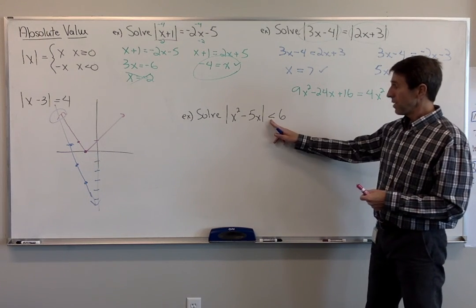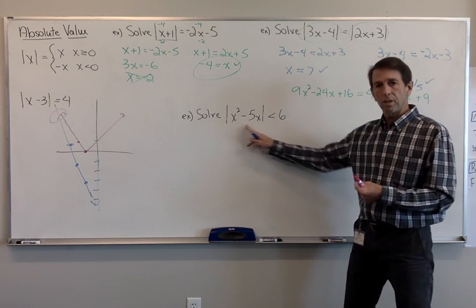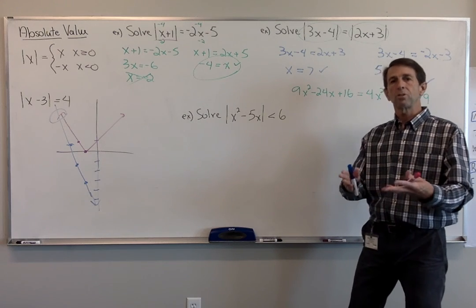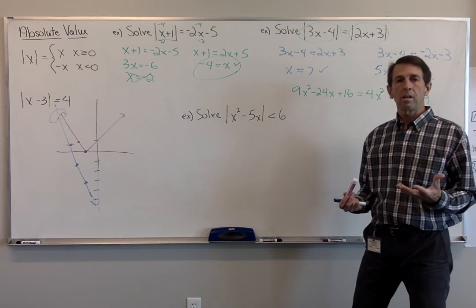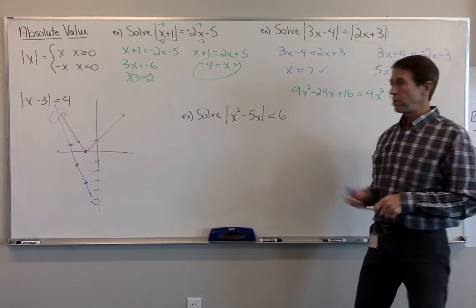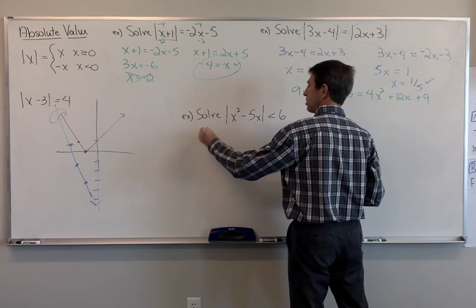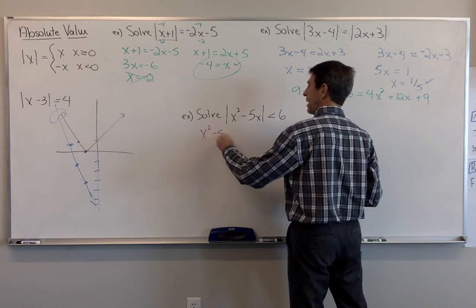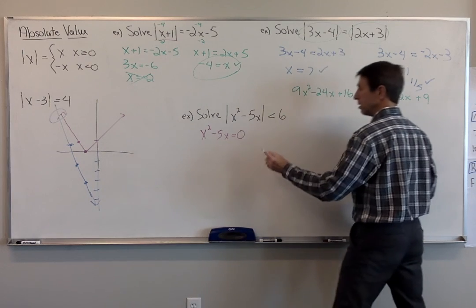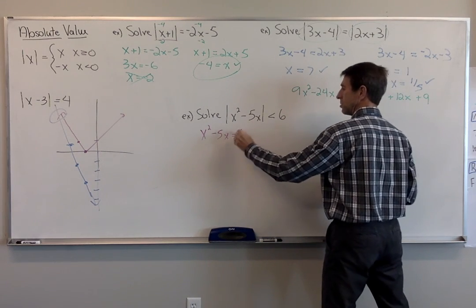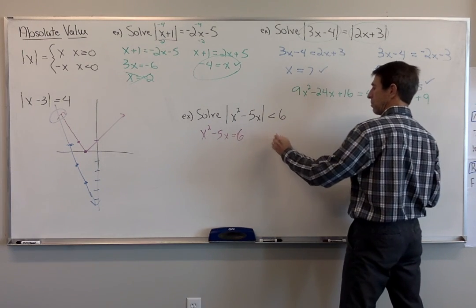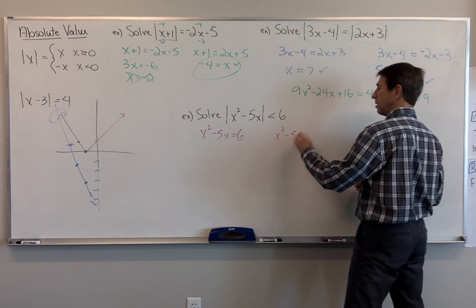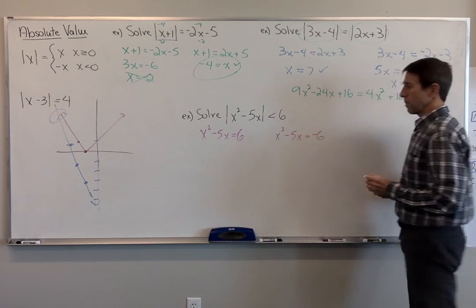But I do know that if I set these equal to each other and then solve those, that's a start. So even if it's in an inequality, I'm still thinking of it as an equation. So x squared minus 5x could equal 6, or x squared minus 5x could equal negative 6.